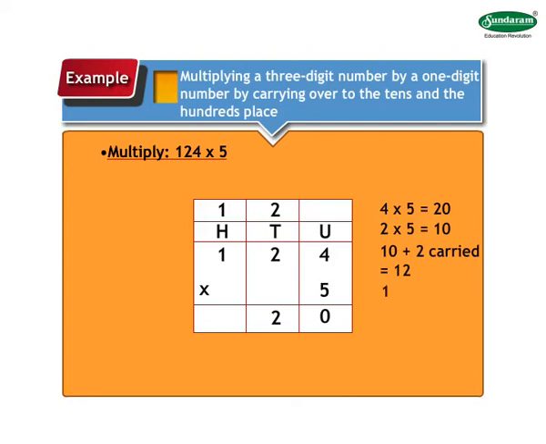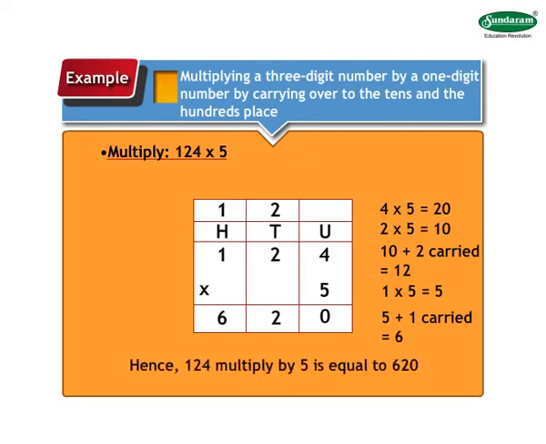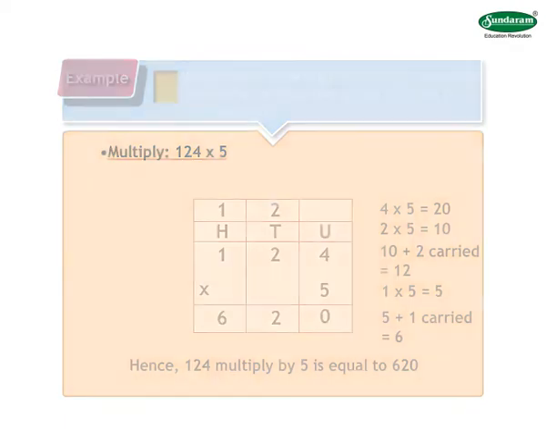Now, 100 multiplied by 5 is equal to 500. 500 plus carried over 100 is equal to 600. Write 6 in the hundreds place of the product. Therefore, the product is 620. Hence, 124 multiplied by 5 is equal to 620.